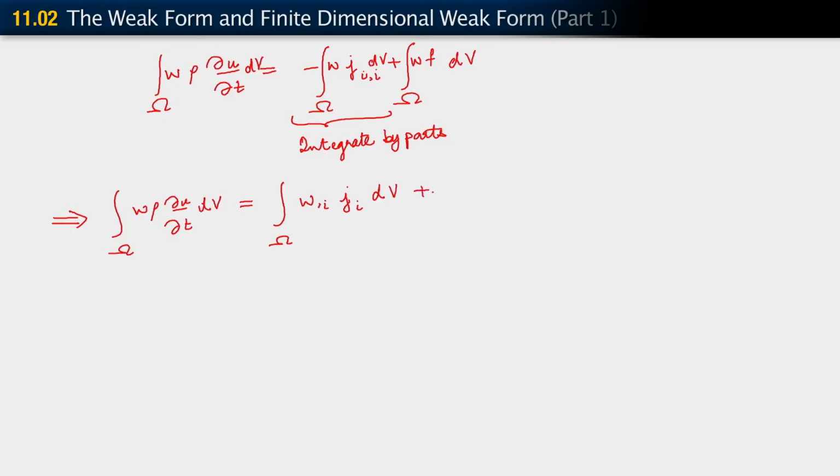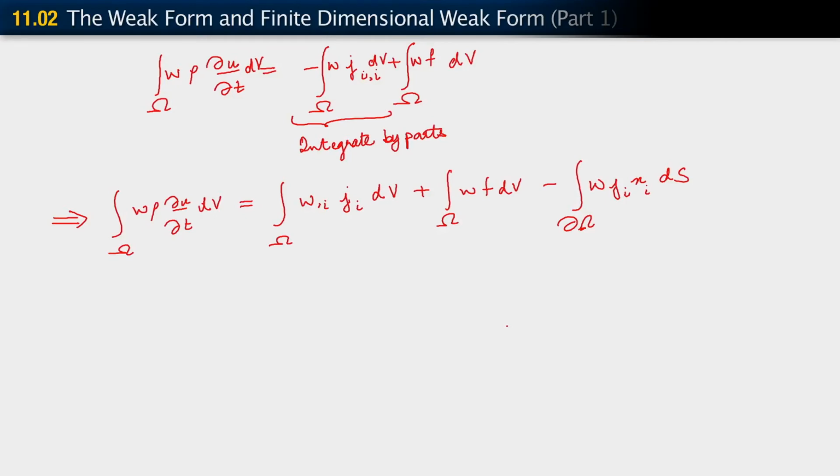I'll write the second volume term, which is at this point just a bystander, and in fact indeed is a bystander through most of the development of our formulation. And we have of course the boundary term, right. We get integral over partial omega W j I n I, right, and that's an integral over the surface, so we have ds. All right, so nothing happening with the time dependent term on the left hand side or the forcing function.